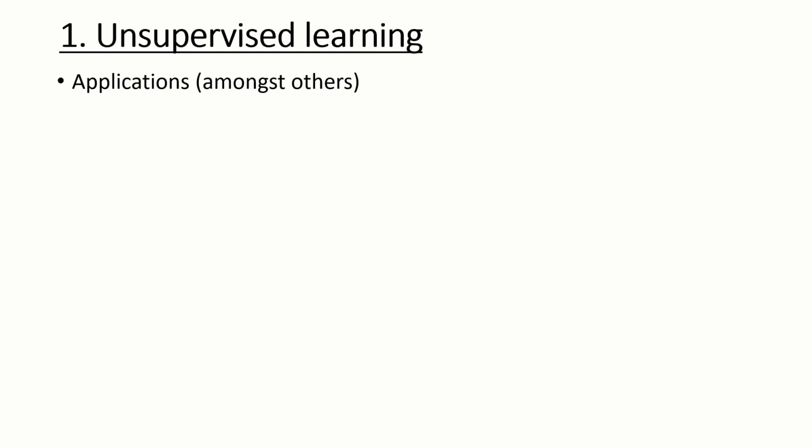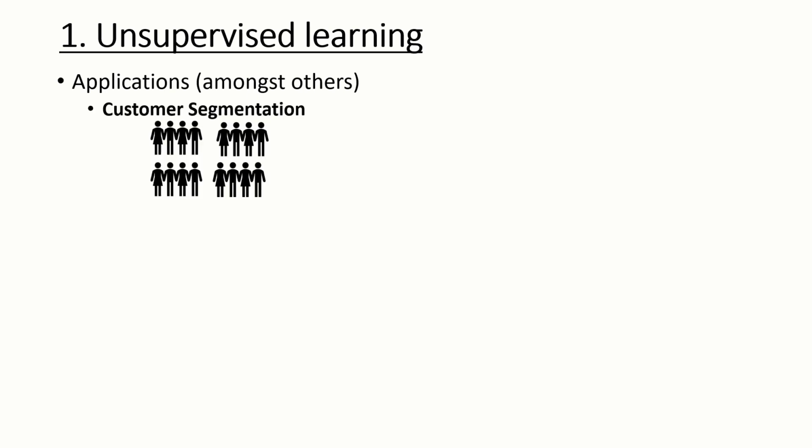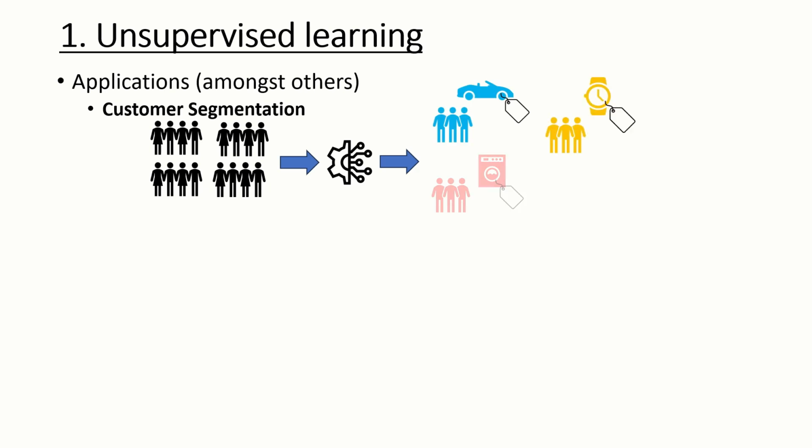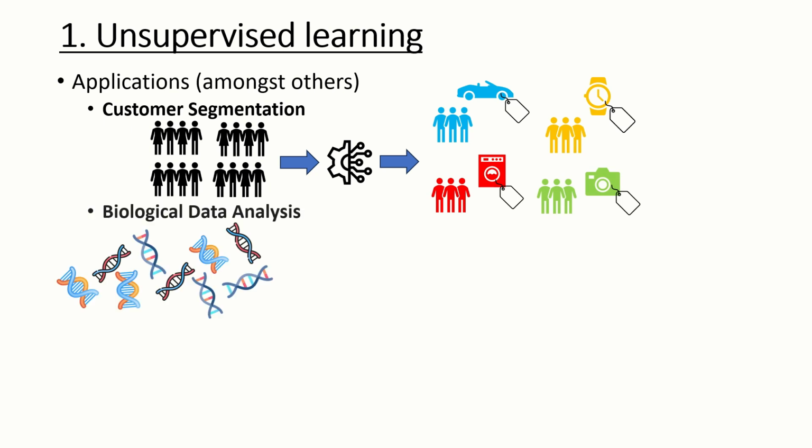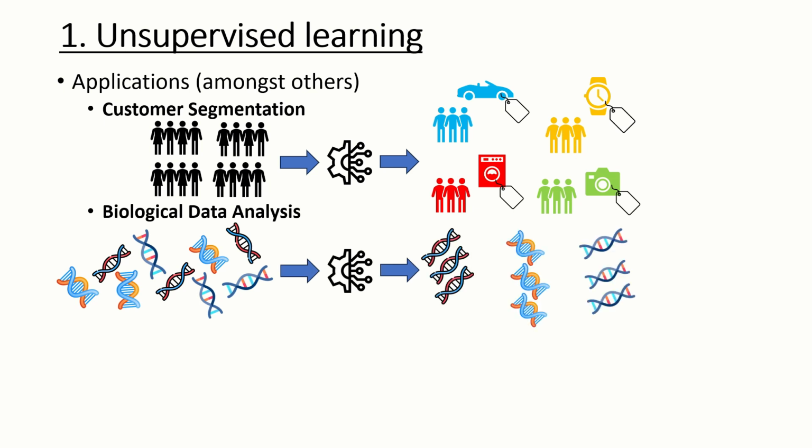Let's have a look at some applications for unsupervised learning. We can cluster different customers based on their interest and purchasing behavior and offer specific products to the specific groups. In biology, we can use clustering to classify genes with similar expression patterns, which is important for discovering gene functions and understanding disease mechanisms.